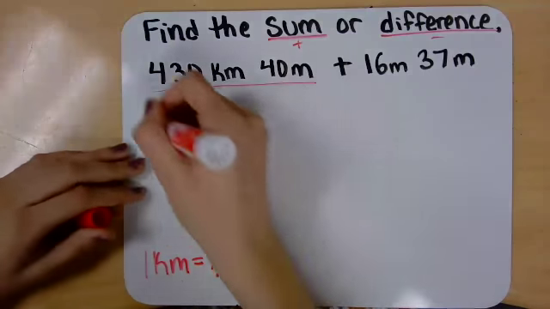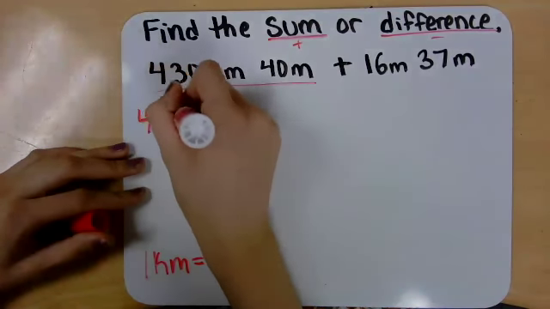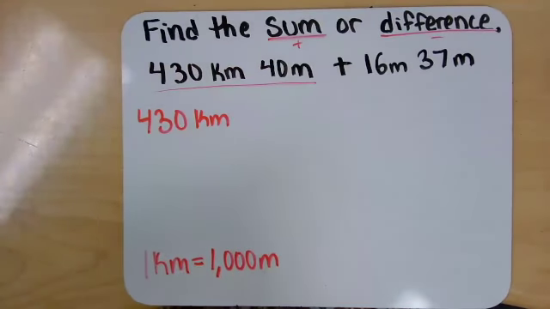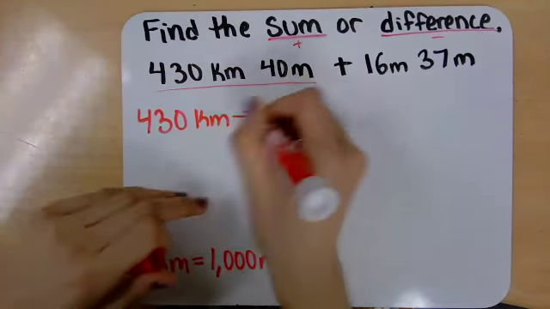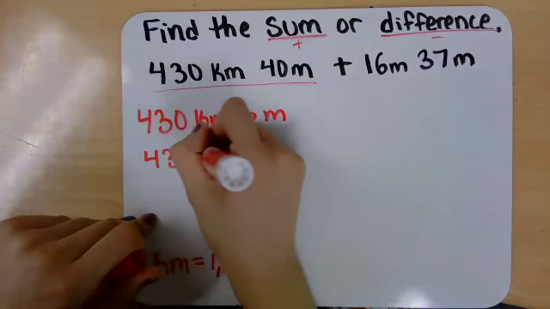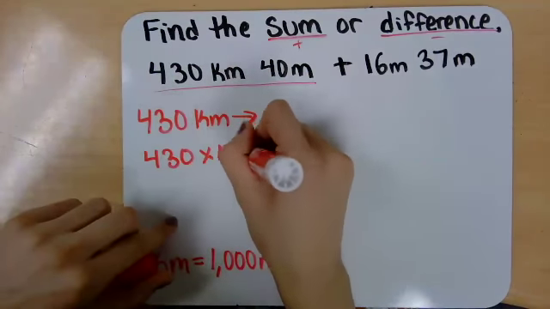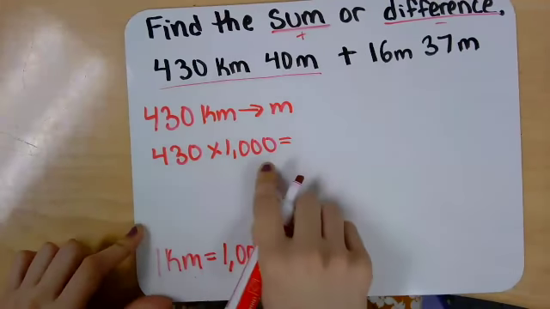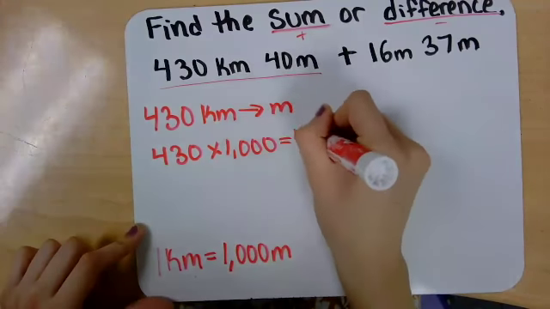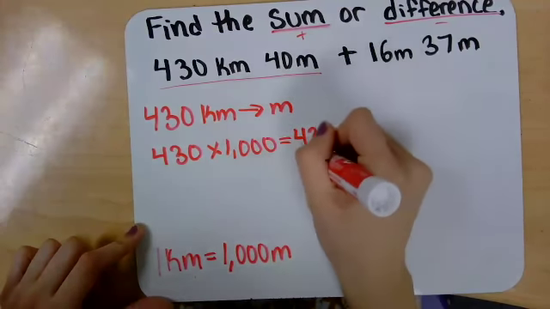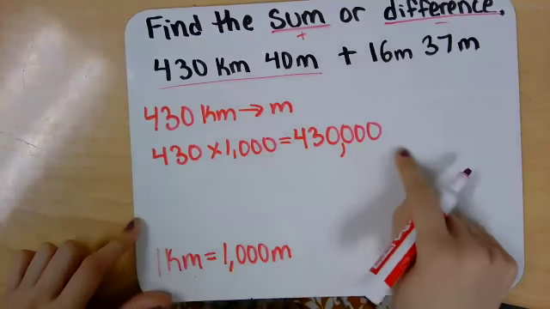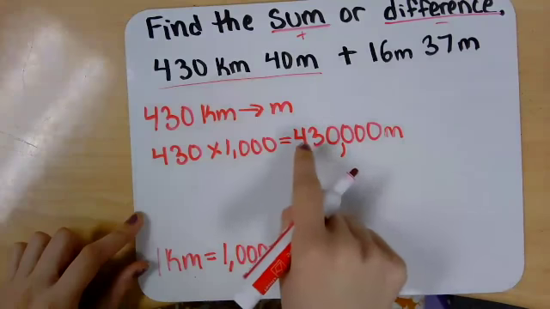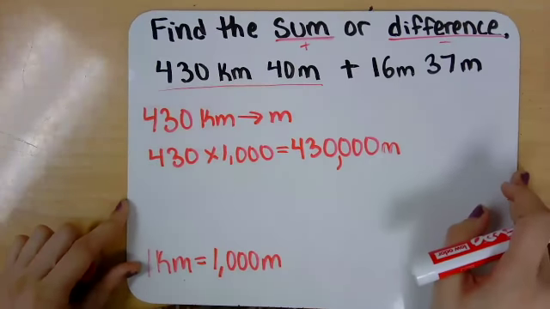So to change 430 kilometers to meters, we can multiply 430 by 1,000. Okay. So then we get 430,000 meters, right? So we have 430,000 meters, but we also have 40 meters on this side.